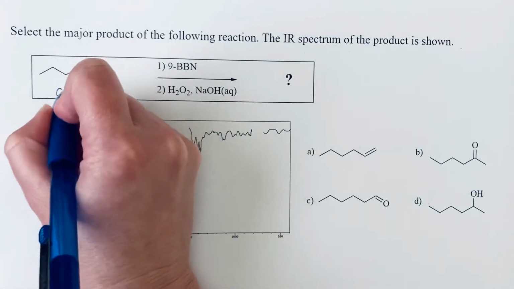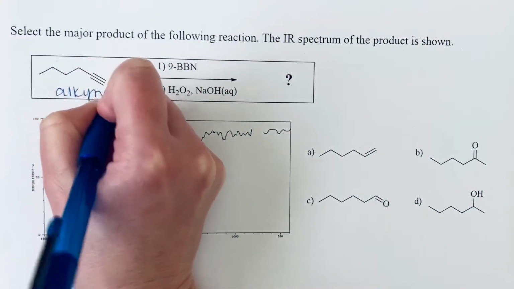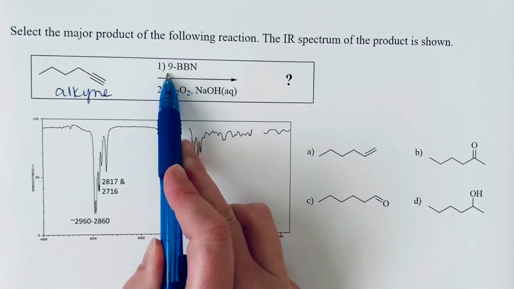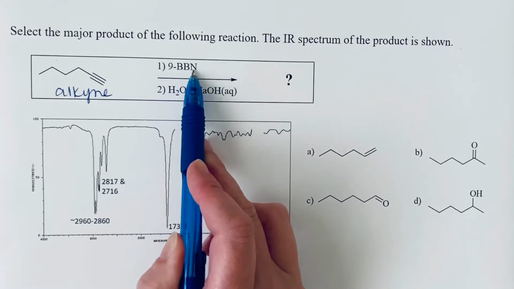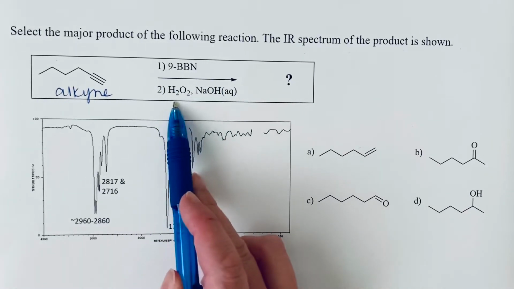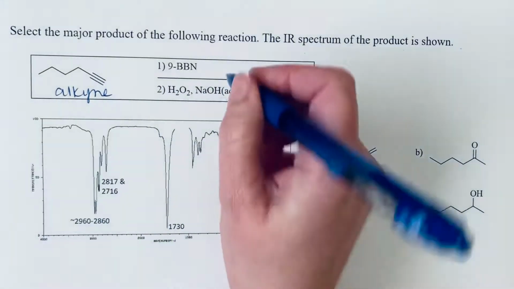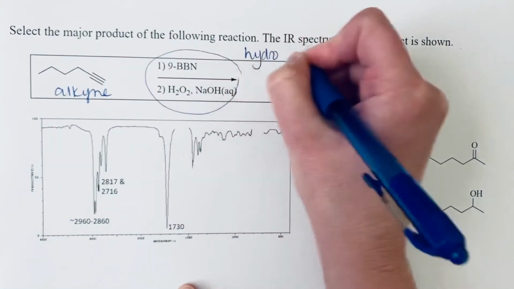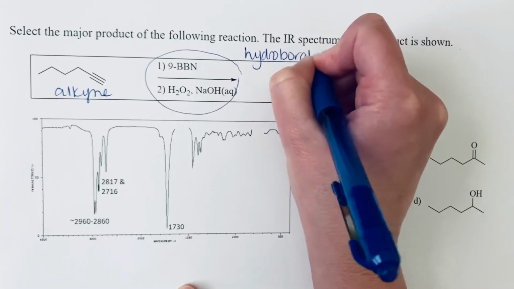So we have a terminal alkyne, and the conditions that we are treating this with is 9-BBN, that's 9-borobicyclononane, followed up with hydrogen peroxide and aqueous base. These are the conditions for hydroboration oxidation of an alkyne.